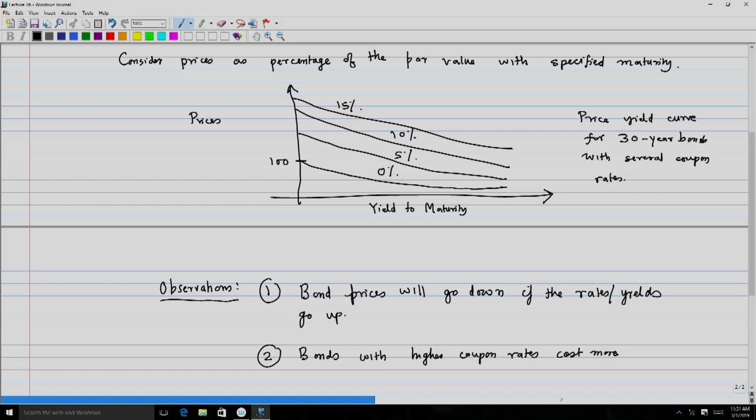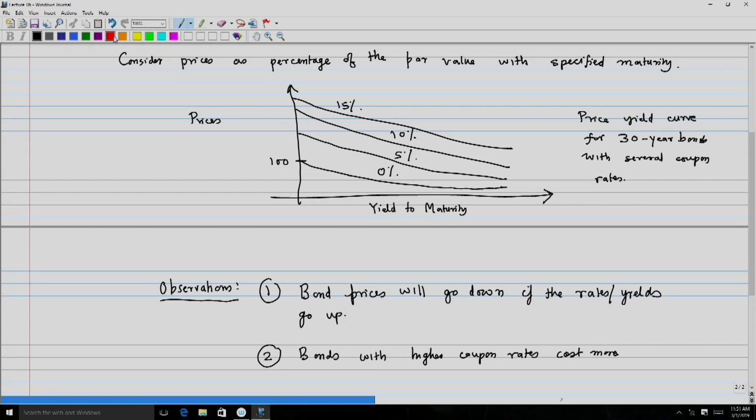If you look carefully in the graphs, the first observation that I said is the bond prices will go down if the rates or the yields go up. That means that if we are moving from left to right of the x axis, that is the yields are going up, then the bond prices are going down.